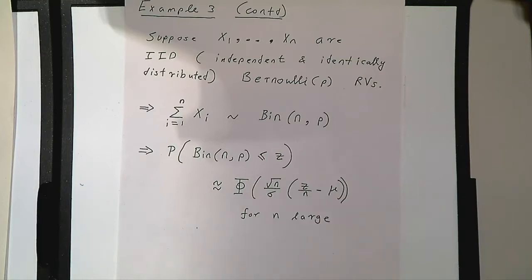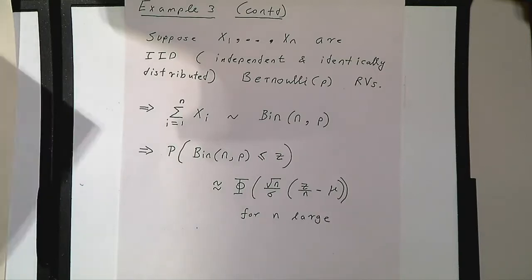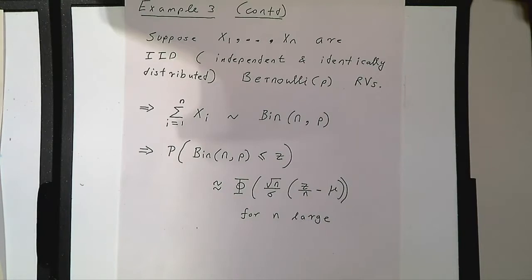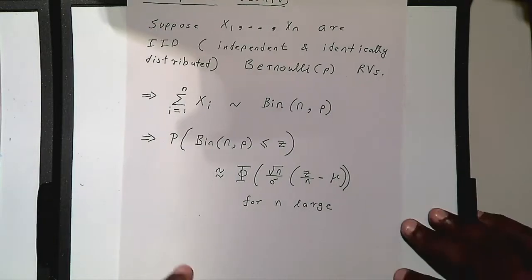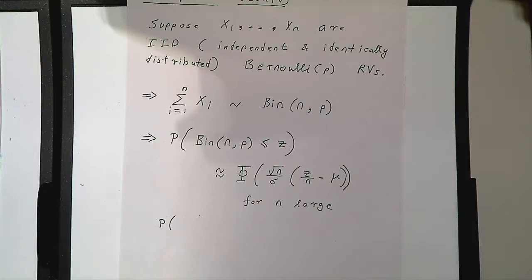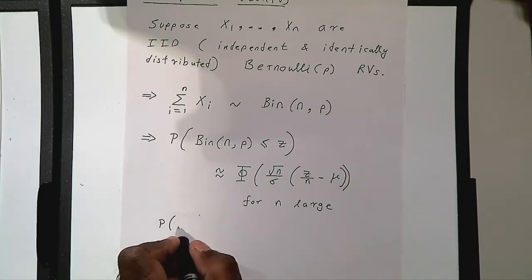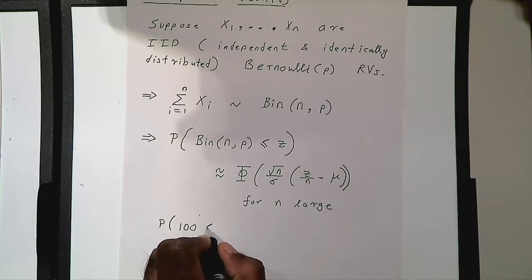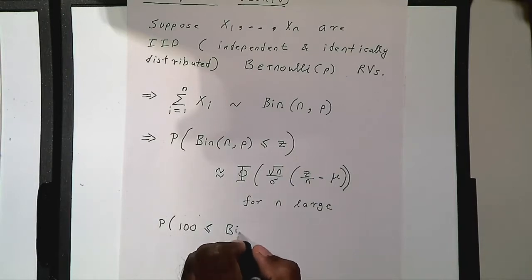Okay, so going back to example 3, which we did last Thursday, was to find the probability that x lies between 100 and 200, right? So x is binomial with parameters 1,000 and 0.2.